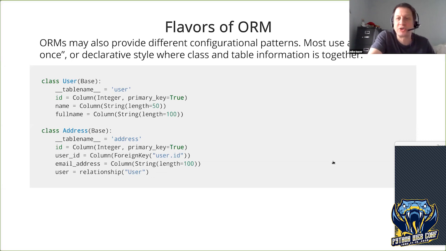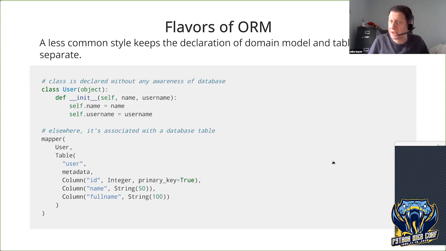There's also different configurational patterns. Basically, every ORM uses an all-at-once style where you have classes, and in the classes you name a bunch of attributes, and the attributes become database columns. SQLAlchemy also supports a classical mapping style, which is what we had in the original versions, where the table is separate, and you say, here's my class, and over here is my table, the table metadata that we see, and then I'm going to map them together.